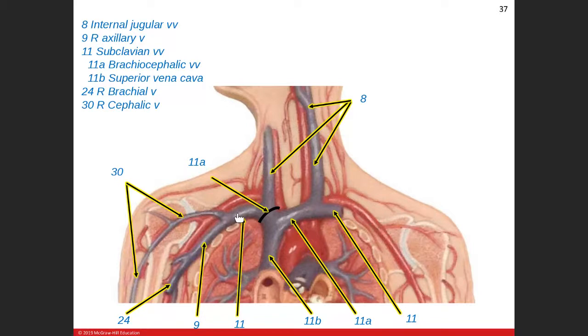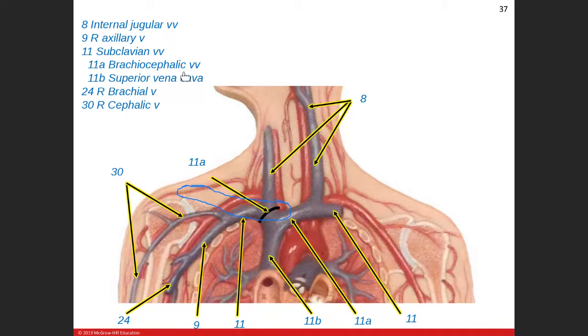And as we approach where the heart is, the sternum and all that, this part of the vein is called the subclavian vein. You can't see it, but if the clavicle were here, it would be right over here. The vein right below the clavicle is the subclavian vein.